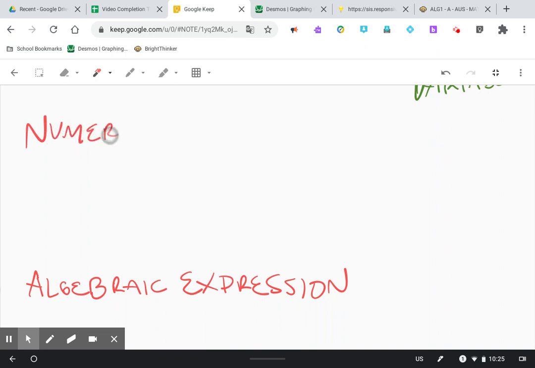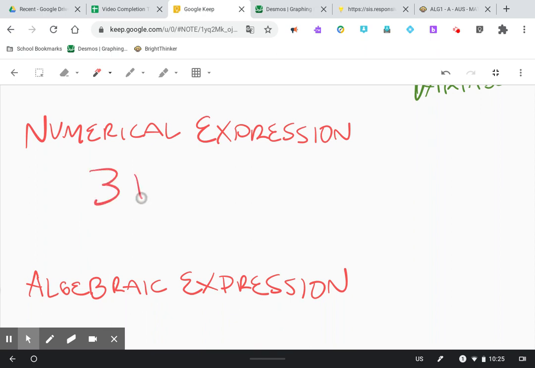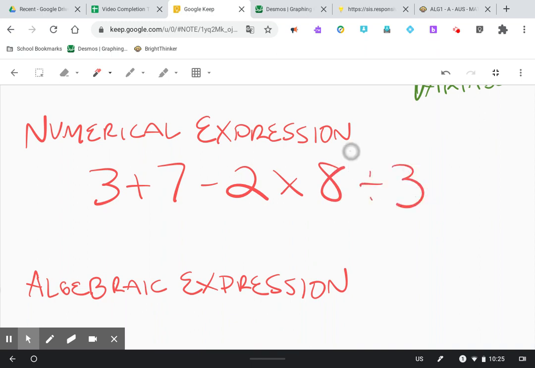Numerical expressions are just any group of numbers that are being connected by operations. So something like this: 3 plus 7 minus 2 times 8 divided by 3, right? This would be a numerical expression. It's just a bunch of numbers being added, subtracted, multiplied, divided together.